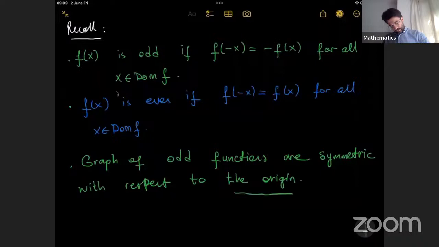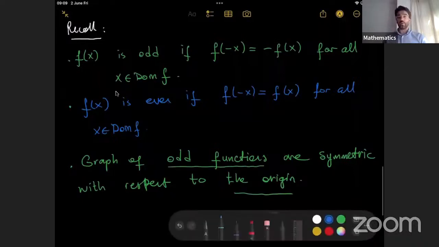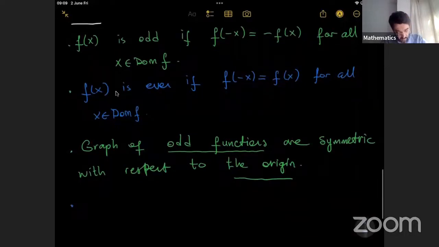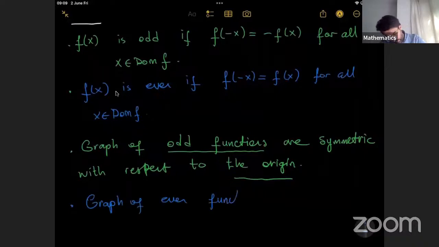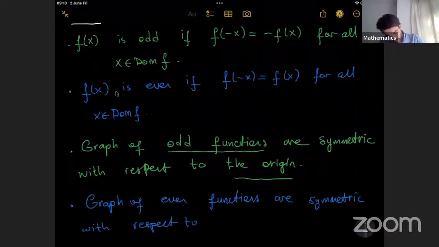And for even functions, it's symmetric with respect to the y-axis. Even functions are symmetric with respect to the y-axis. Okay.